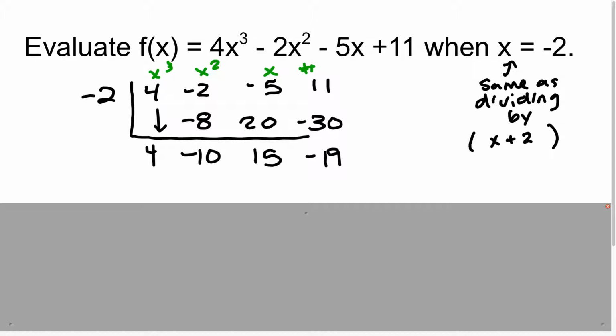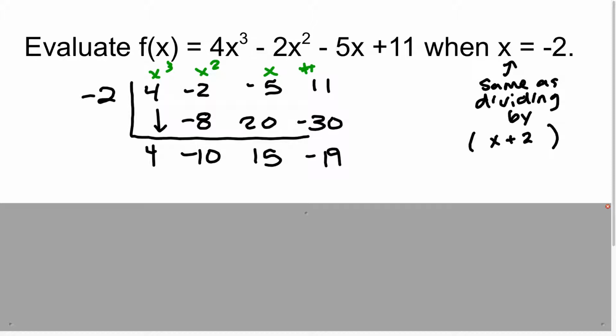Okay, now if we were dividing polynomials, we would want to go back and put all the x's back. But we're being asked to evaluate the polynomial. So you just look at this bottom row. Which one of these is the y value? By remainder theorem, the remainder, right?